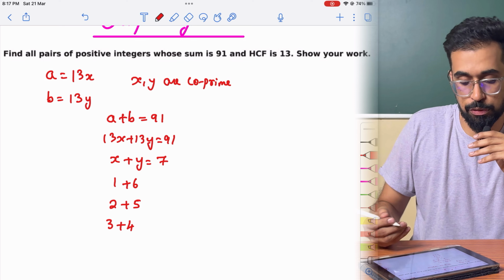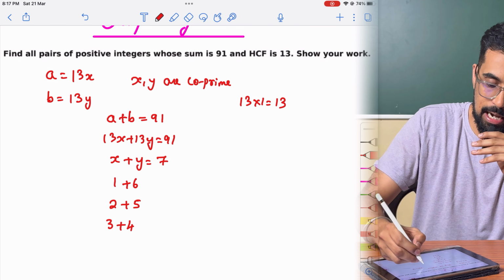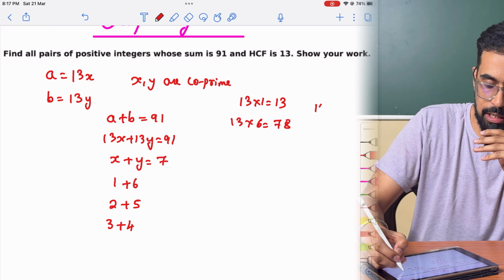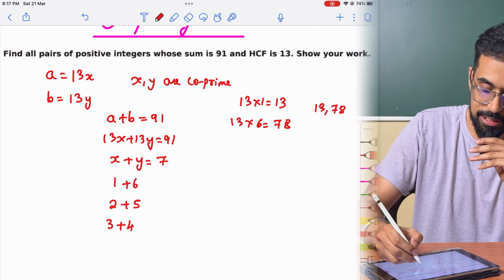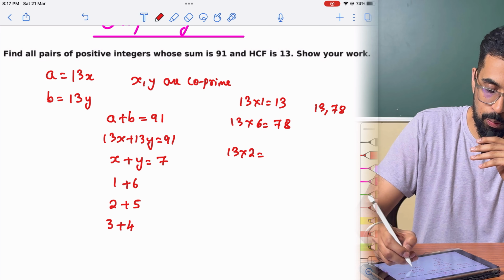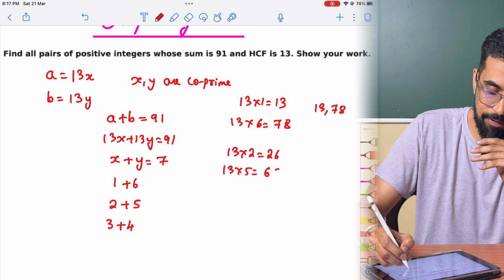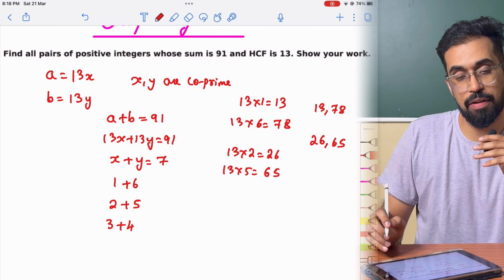So substituting these values, the first set would be 13 into 1, which is 13, and 13 into 6, which is 78. So 13, 78 is the first set of numbers. Then likewise, 13 into 2, which is 26, and 13 into 5, which is 65. So 26, 65 are your second set of numbers.